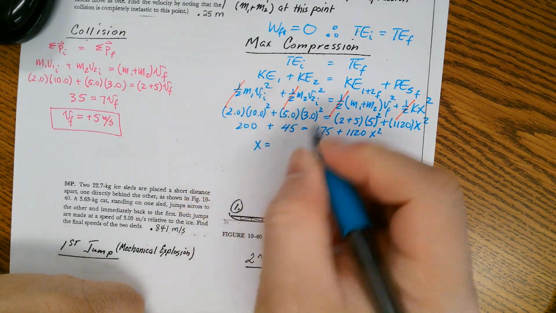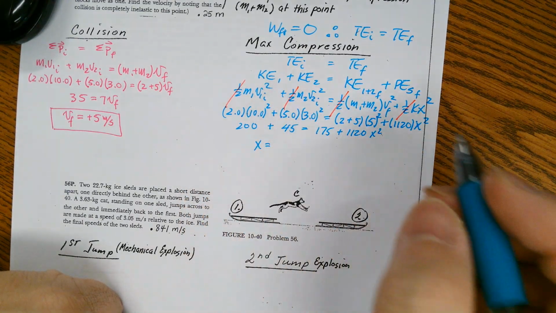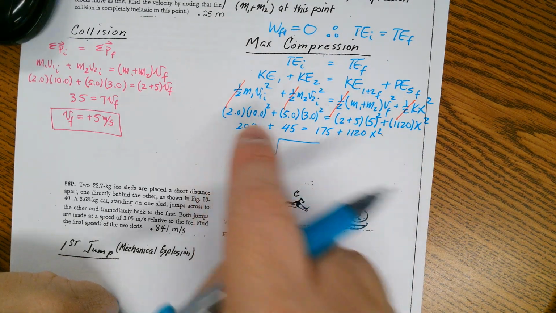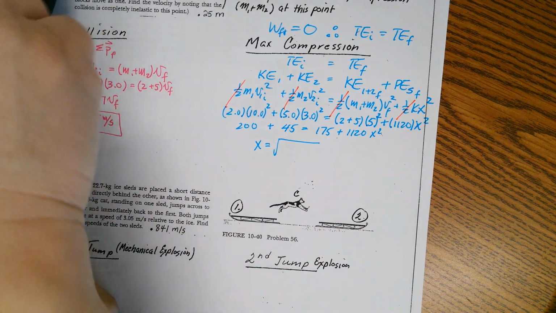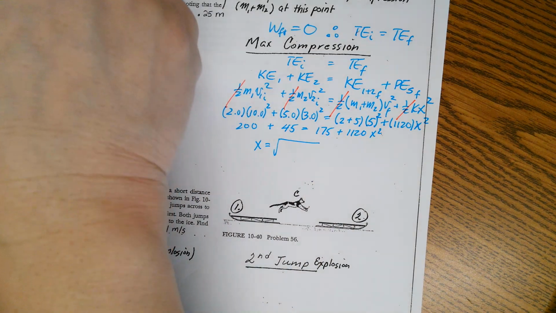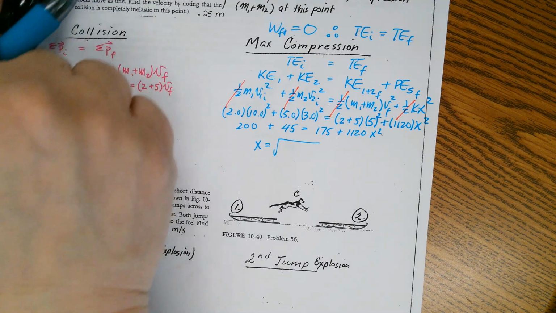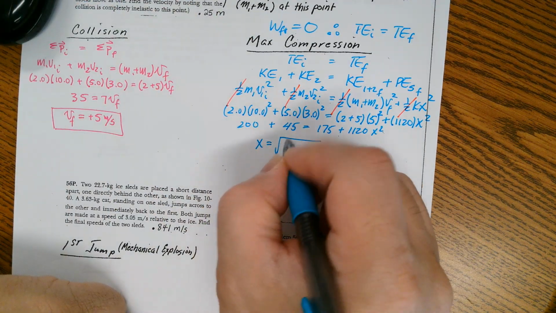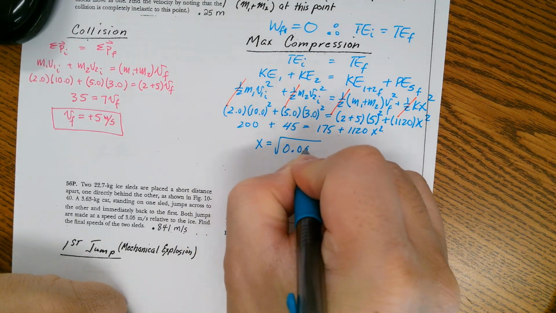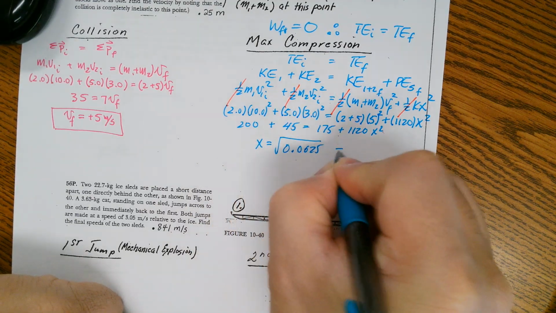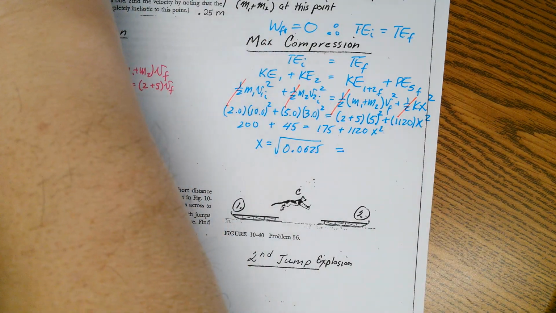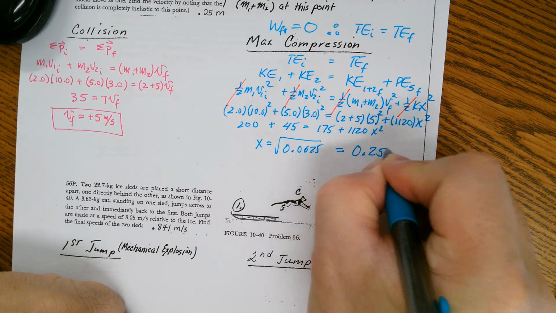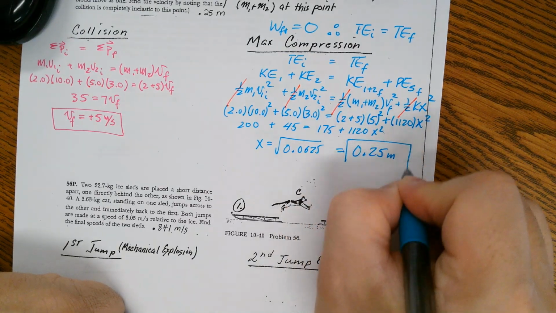So x is equal to the square root of all this mess. So 245 minus 175, divide that by 1120, and I get 0.0625, which comes out to square root of that. I get 0.25 meters as my compression.